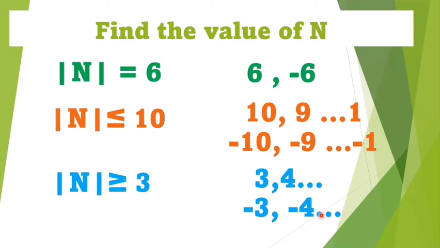Lagi siyang may positive at negative since ang hinahanap natin ay absolute value of a number. Positive absolute value of a number and negative absolute value of the number is the same since we're looking for the natural numbers.